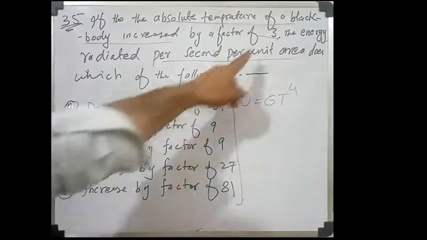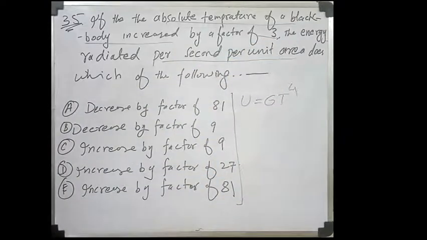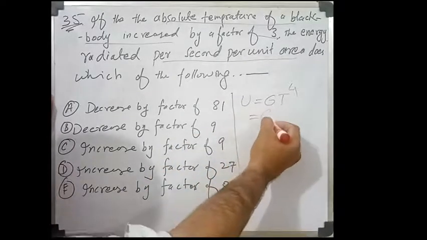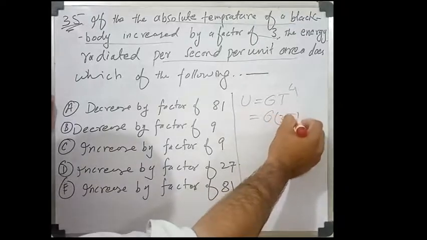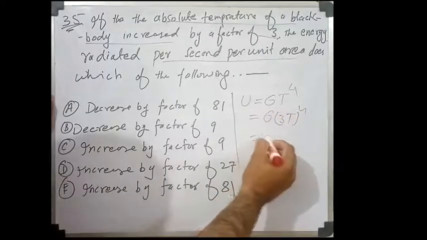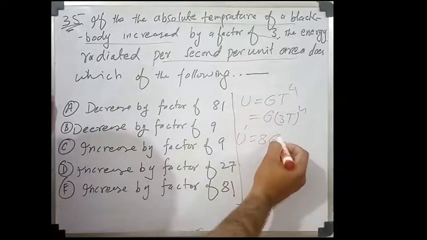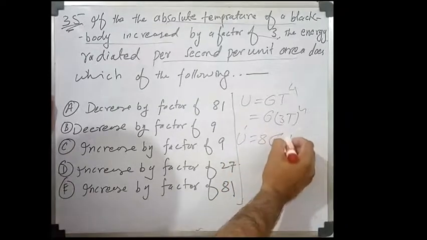If the absolute temperature is increased by a factor of 3, the energy density will increase. So we will put here sigma into 3T whole power 4. This will be equal to 81 sigma T power 4.